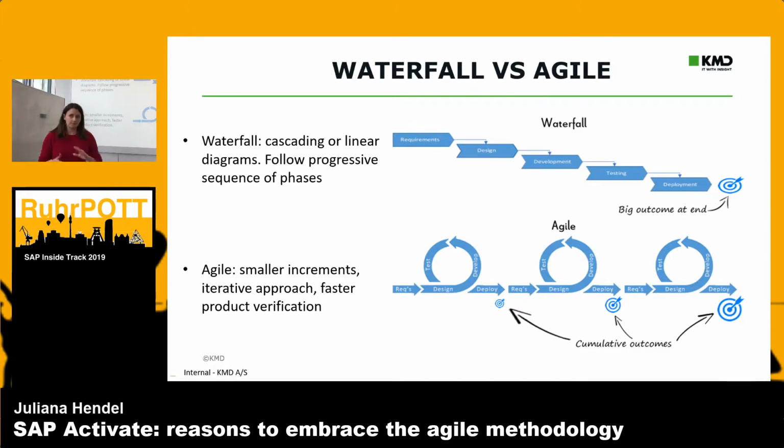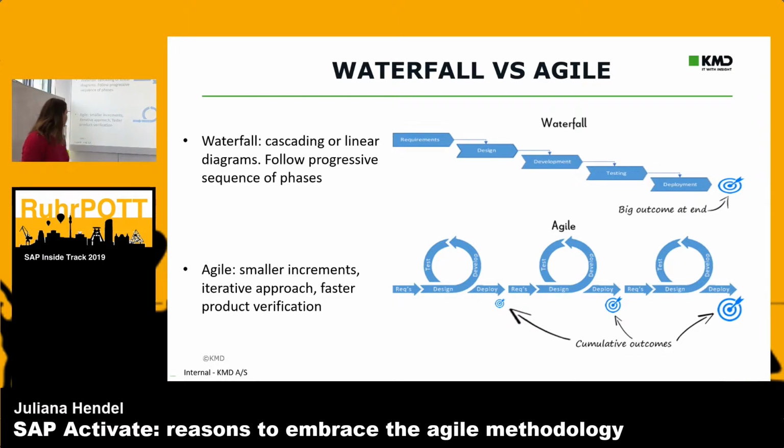But with general agile methodologies, you have an alternative approach to waterfall, where you build your solution in small increments, in small cycles, where at the end of each cycle you deliver a working functionality.